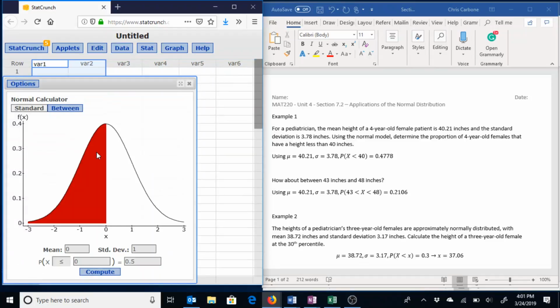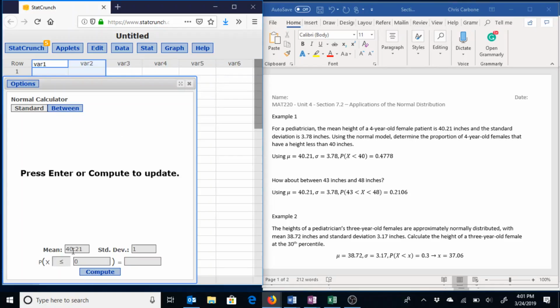That will bring us to this screen, and we will type in the mean of 40.21, standard deviation of 3.78, and we want where this probability statement is less than 40.